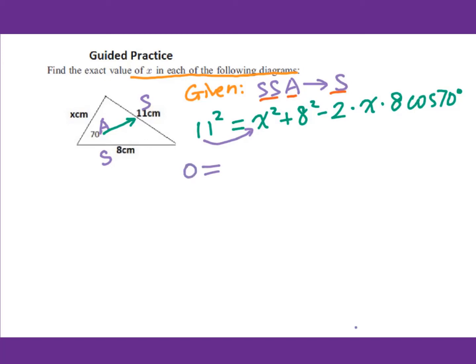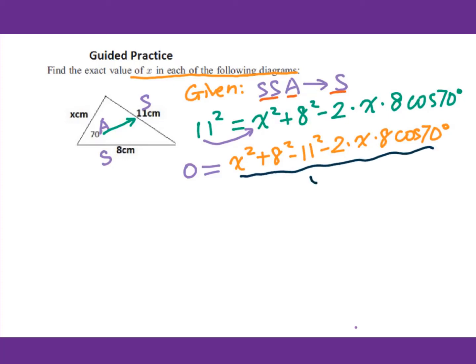I got the left side as 0. On the right side, I got x squared plus 8 squared minus 11 squared minus 2 times x times 8 cosine 70 degrees. Then I need to put all this into y1. Then find 0. That means find the x-intercept from the graphing calculator.